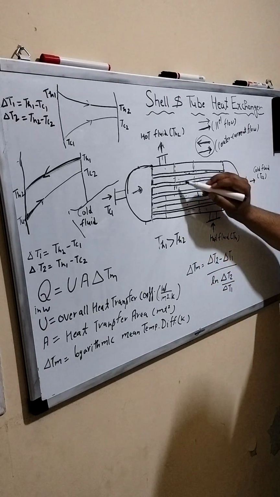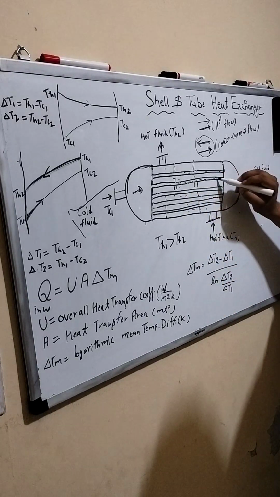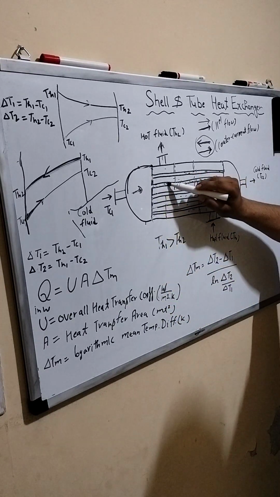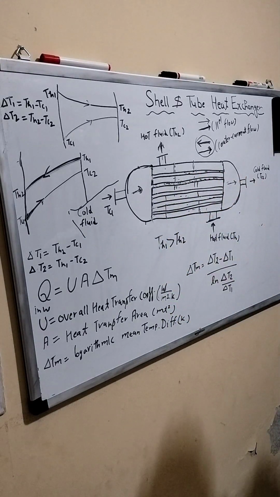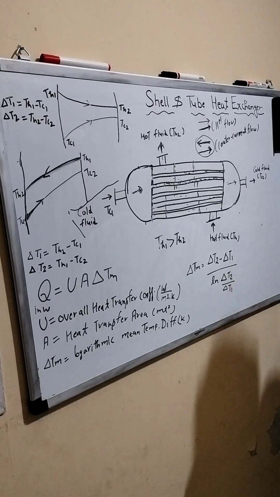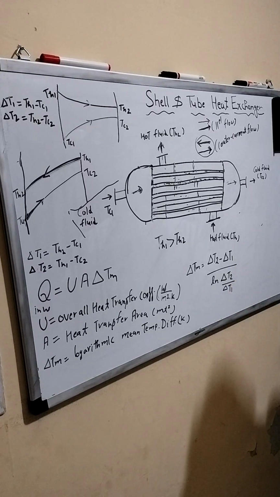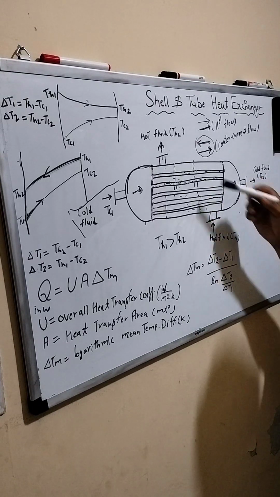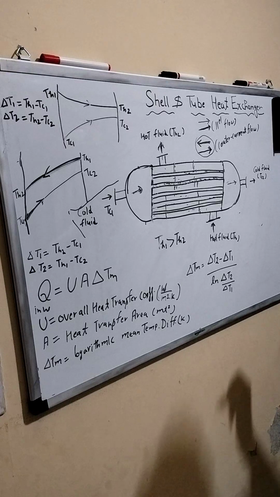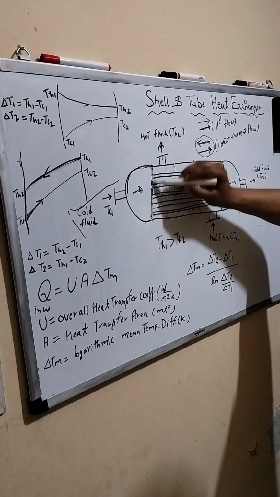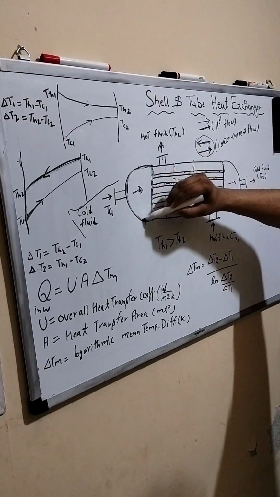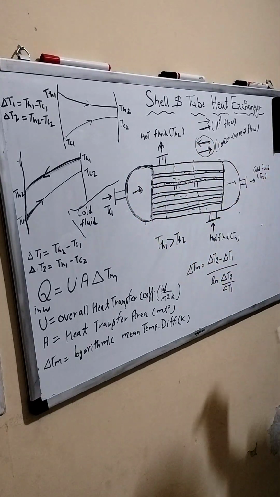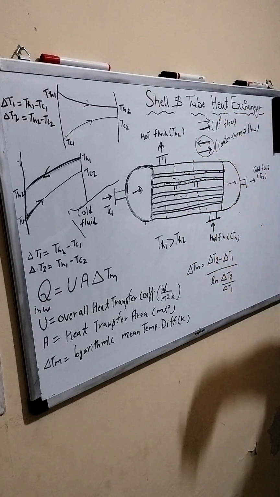Otherwise, if your fluid is corrosive and you are using iron, it will corrode, and you will have to replace the tubes or your heat exchanger after some time. This is a tube sheet. This is your header. This is your shell. That's why it is called a shell and tube heat exchanger.